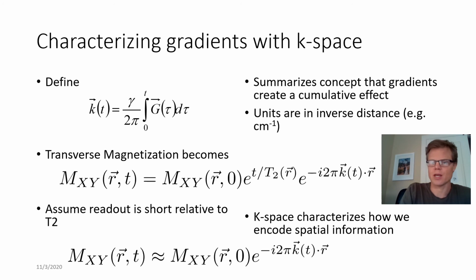We have a T2 decay on that, and then this e to the i term with k in there is our phase. It's created as a function of K-space and or our gradients and a function of position. And we're usually going to make this approximation at the bottom that we're going to neglect T2 and just look at the effects of the gradients and the initial transverse magnetization.